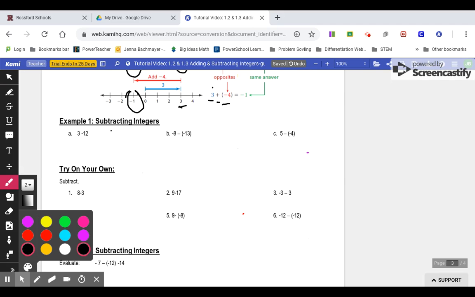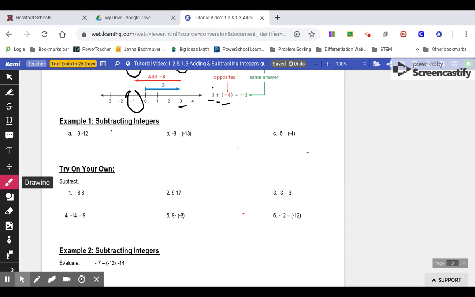All right. So the very first one is 3 minus 12. I'm going to keep, change, change. I'm going to keep my 3, change my subtraction to addition, and make this +12 a -12. Now this should look familiar from what we did with our 1.2 notes, where we have a positive and a negative integer.